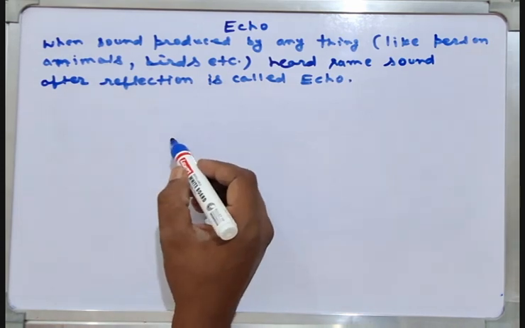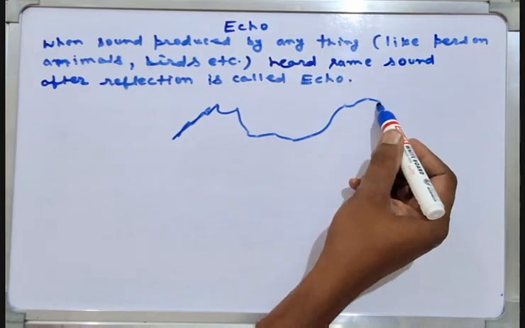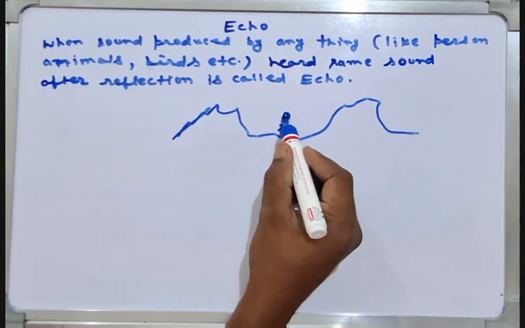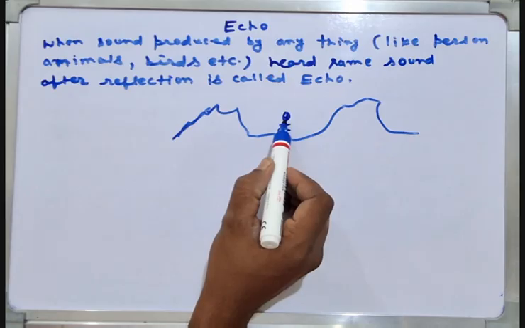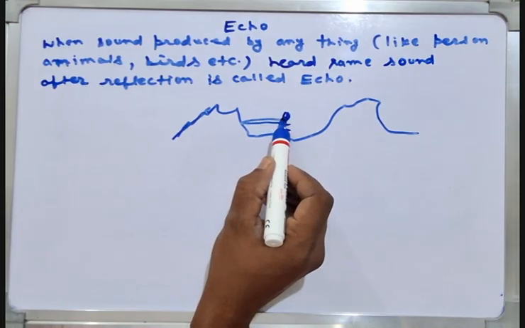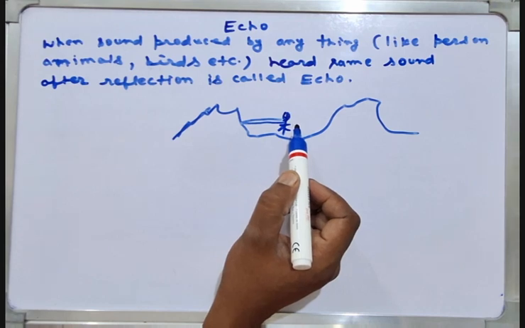See here, suppose you are in a hilly area, okay, like this, or you are standing here. So when you speak loudly, then what happens, the sound wave goes like this one and again returns back, and you hear the same sound.